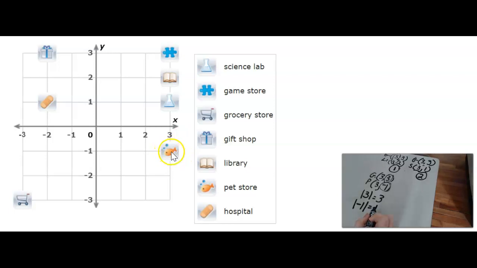Because here's -1 here, and it is 1 away from our 0 value, or our x-axis, okay? So now that we know that this is 1 unit away, and the game store is 3 units away from our x-axis, then we add those together.